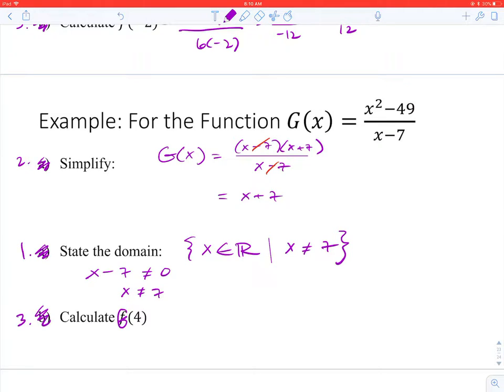And you guys know that the graph of x plus 7 is just a line with a slope of +1 and a y-intercept of 7. So the graph of x squared minus 49 over x minus 7 actually looks like a line. Looks like x plus 7, but there's what we call a hole at x equals 7.